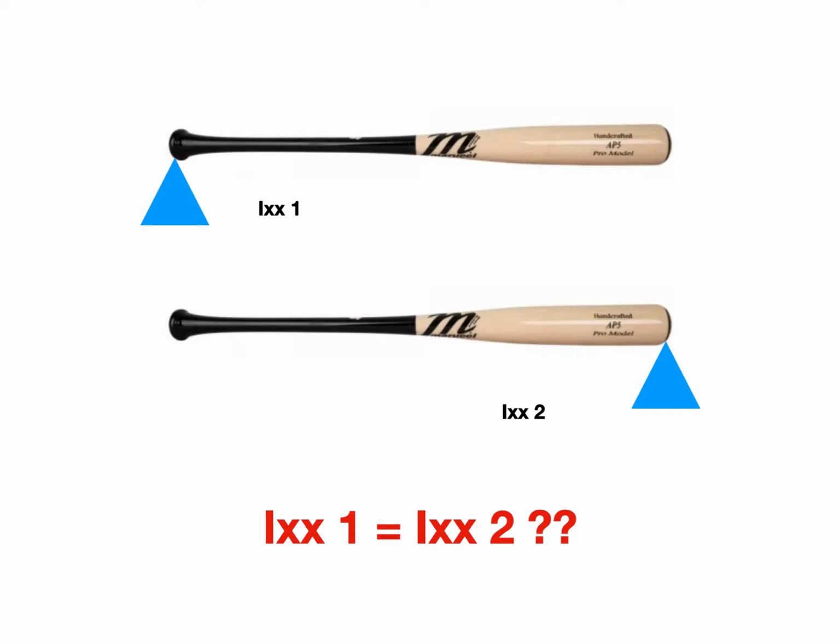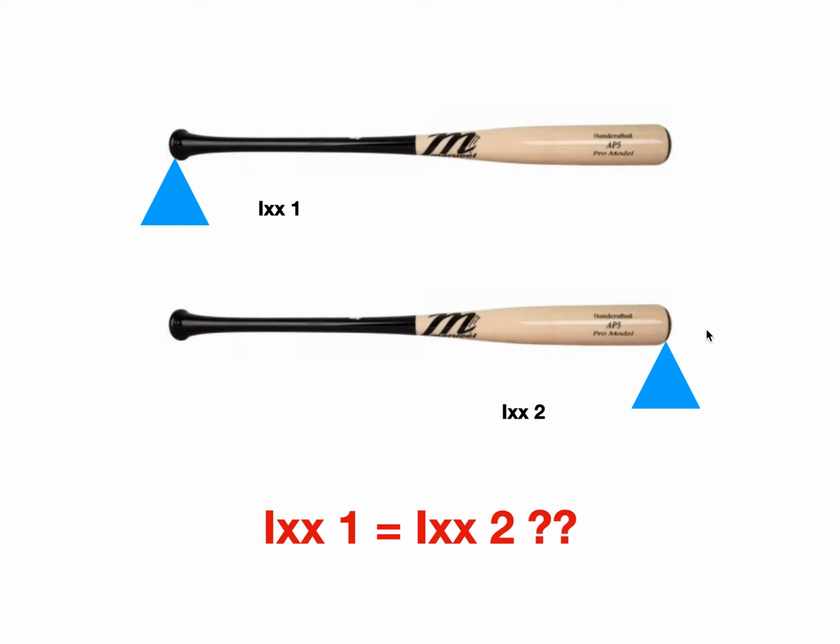And think about it. Do you think in these two situations, like in the first one, the axis of rotation is at the grip of this baseball bat. In this one, the axis of rotation is at the head of the baseball bat. Do you think the moment of inertia would be the same between these two situations?